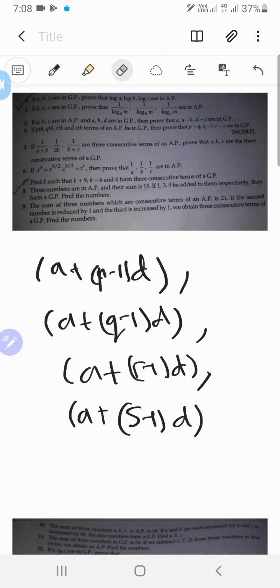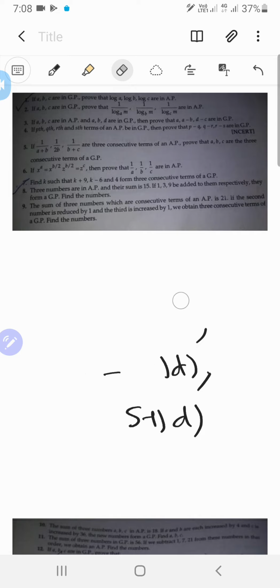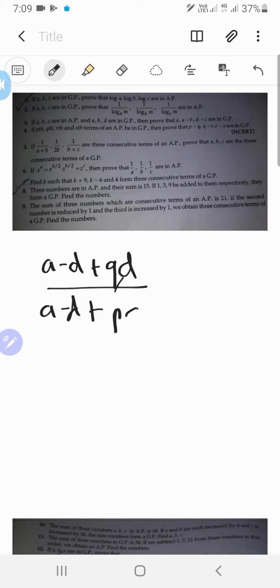Well, you do have the ratio, right? Okay, I think I'm getting how to do it. Let me just try it out. So what are we going to get? We get the qth term, which is a minus d plus qd, upon the pth term, which is a minus d plus pd.